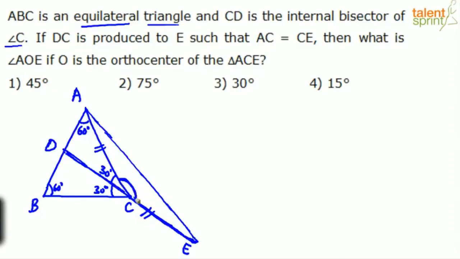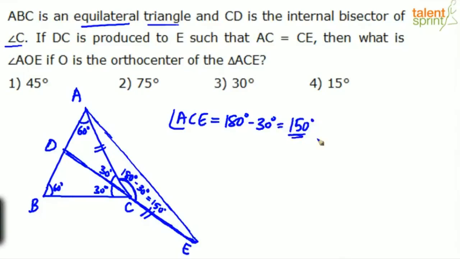So what should be the remaining part? 150 degrees. You getting it? 180 degrees minus 30 degrees is equal to 150 degrees. So angle ACE is equal to 180 degrees minus 30 degrees. I'm sure you have followed that point. It comes out to be 150 degrees. So angle C here is 150 degrees.